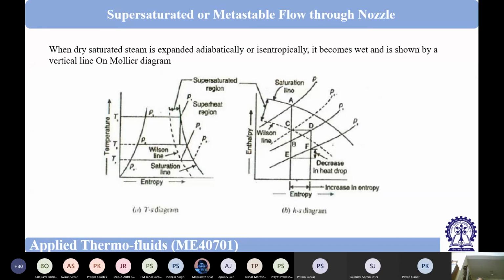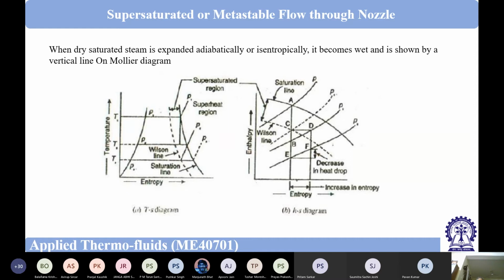As far as the course in power plant is concerned, let us just have this knowledge, which is not very important for power plant at this point of time. It is important, but not at this level, that steam can go to the supersaturated region. As it just enters the two-phase dome, it will not become wet.